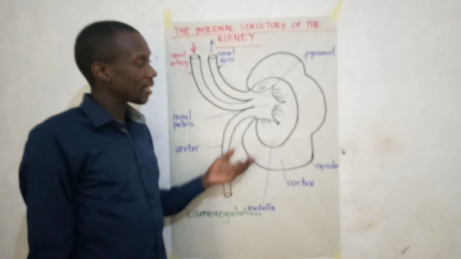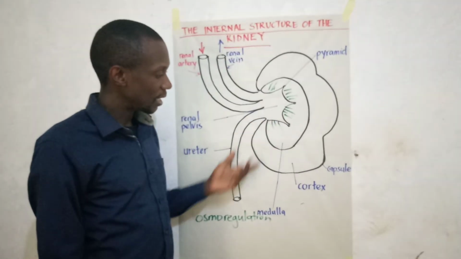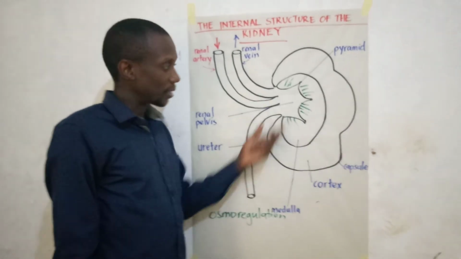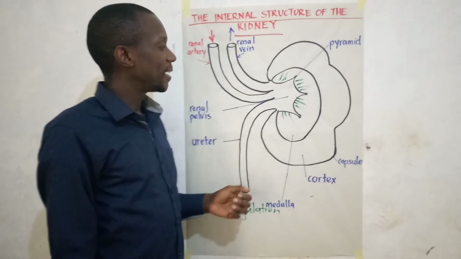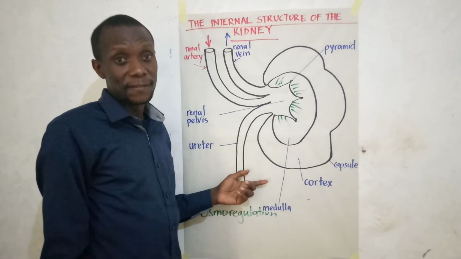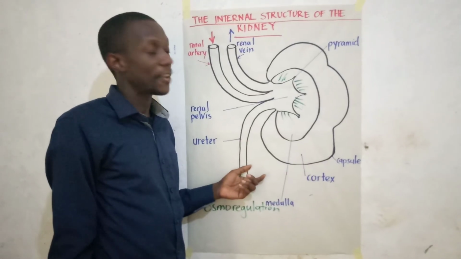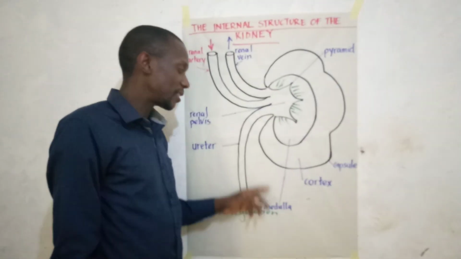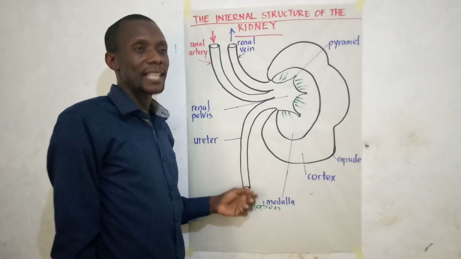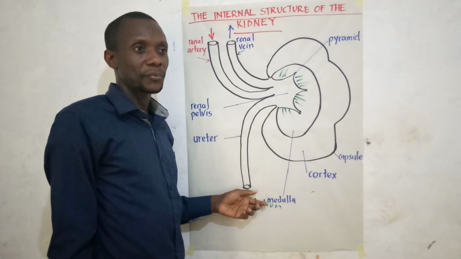Kidney stones are caused due to accumulation of calcium salts in the kidney, preventing it from functioning well. Then another disease is nephritis. Nephritis, inflammation of those tiny structures I called nephrons, that's called nephritis. Those are the diseases of the kidneys.